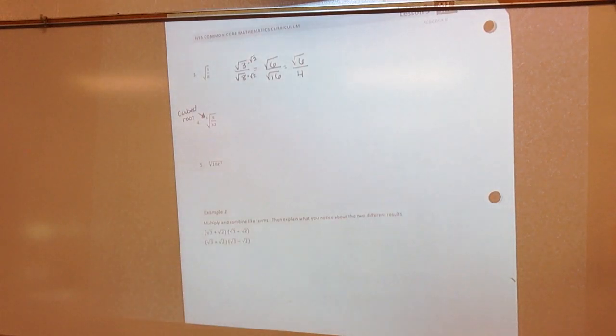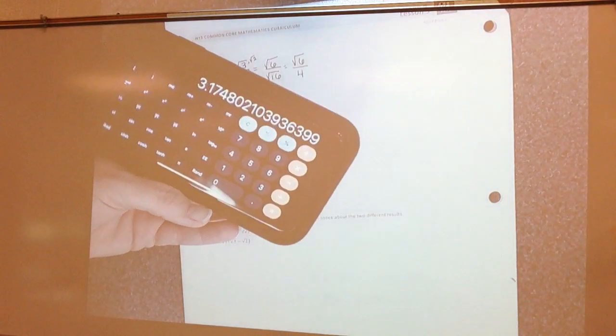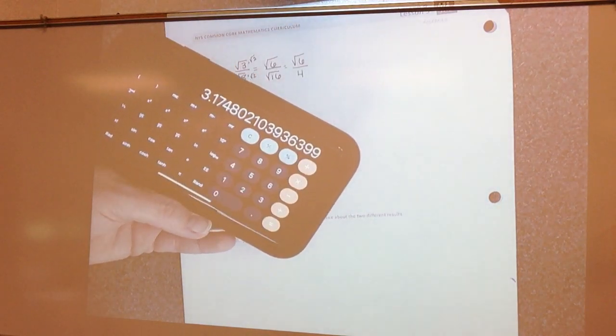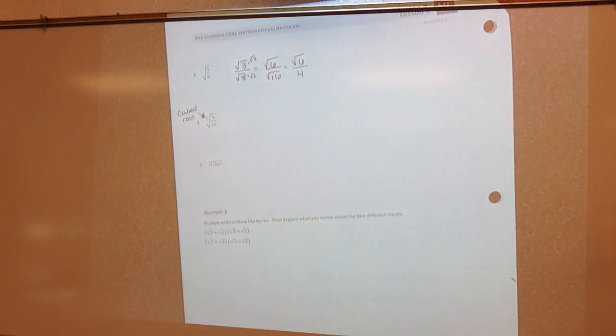Alright, so you can grab your calculator and say, okay, 32, and I'm going to cube that. Look what it gives me. So it is not a perfect cube. Okay? So I've got to figure something out.